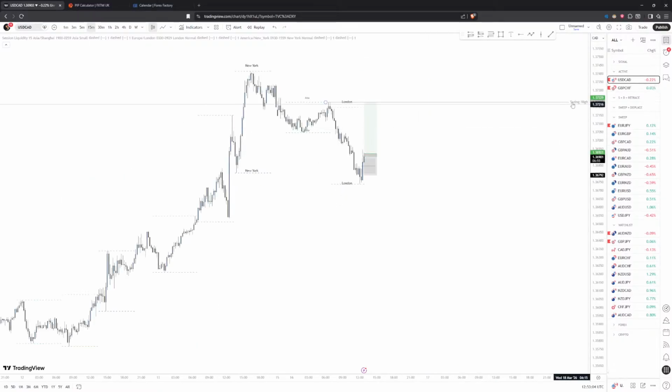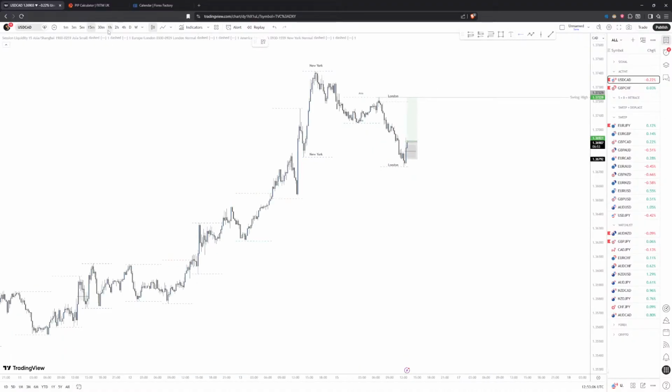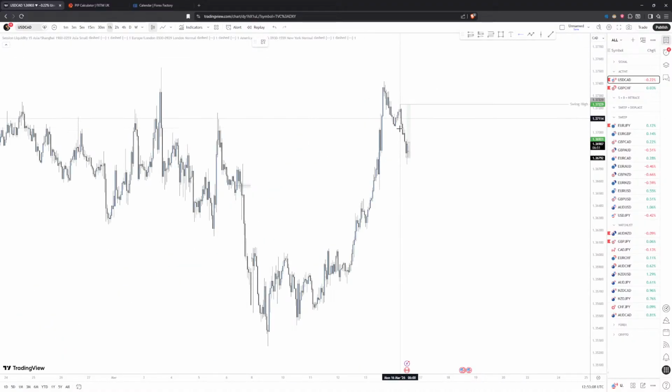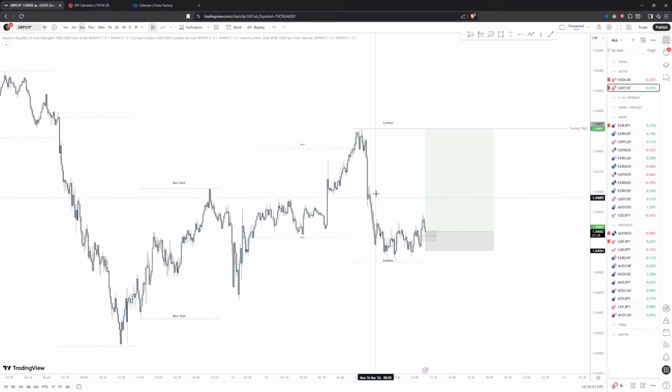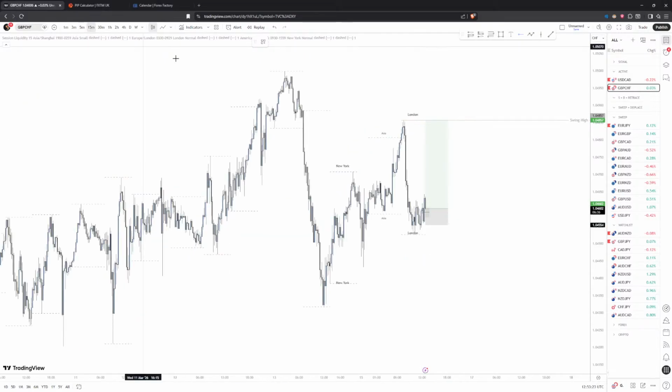Now that we're in these two, we want to now mark off key areas. So maybe when price gets to here, let's see how it reacts to that. And with this one, same thing, just over here.